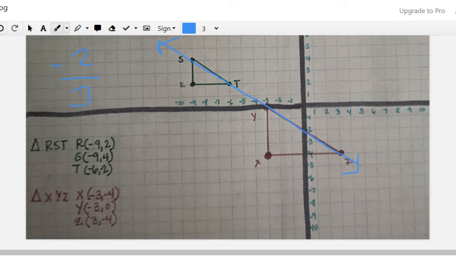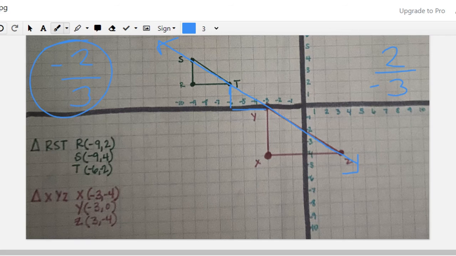Or it could be +2, -3, either way. So we could also do, if we use this one, if we went down 1, 2, and then over 3, 1, 2, 3, I made a new triangle, okay?